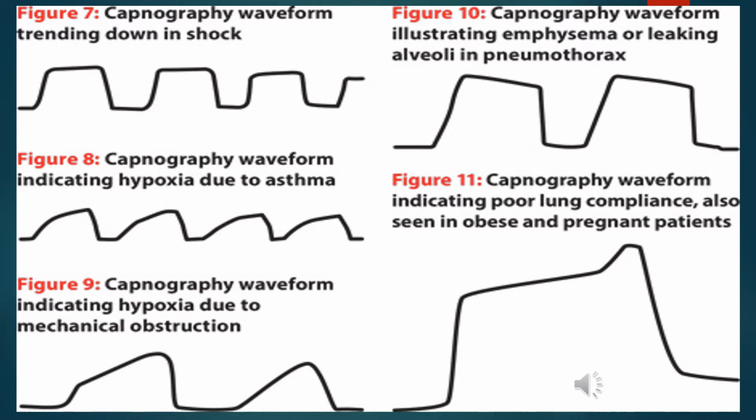And you see again the sharp rise in the first wave, and then it gets a little shorter, and that notch is not there on the second wave. The absence of that notch is what we're talking about, where there might be a mechanical obstruction. Figure 10 is a capnography waveform illustrating emphysema or leaking alveoli in a pneumothorax.